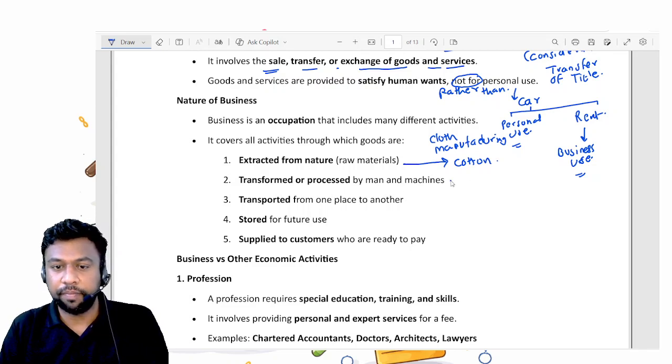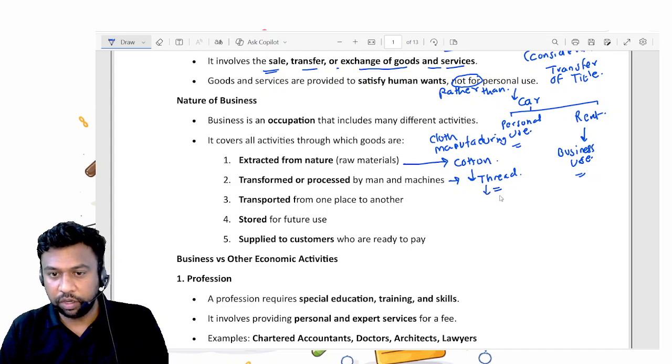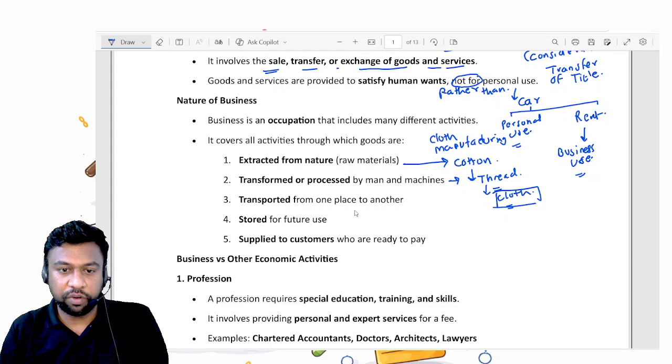So there are men or machines which will transform this cotton into thread. Then thread will become cloth, which is your final product after the processing.